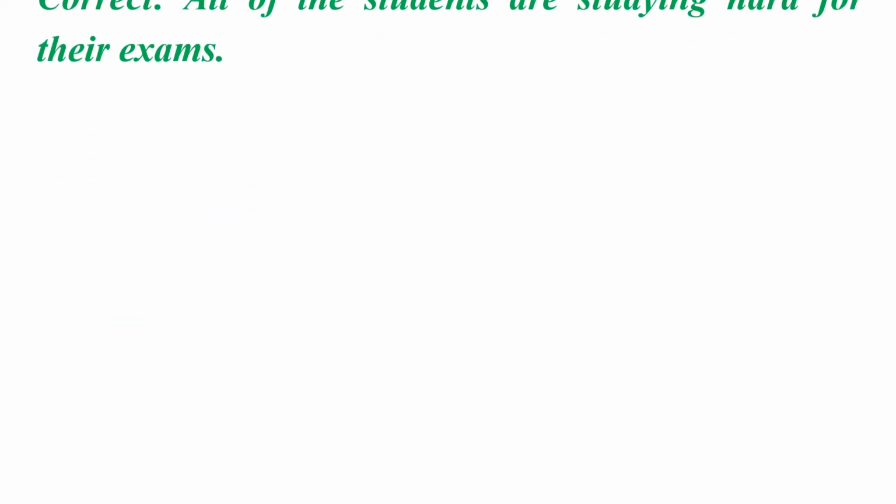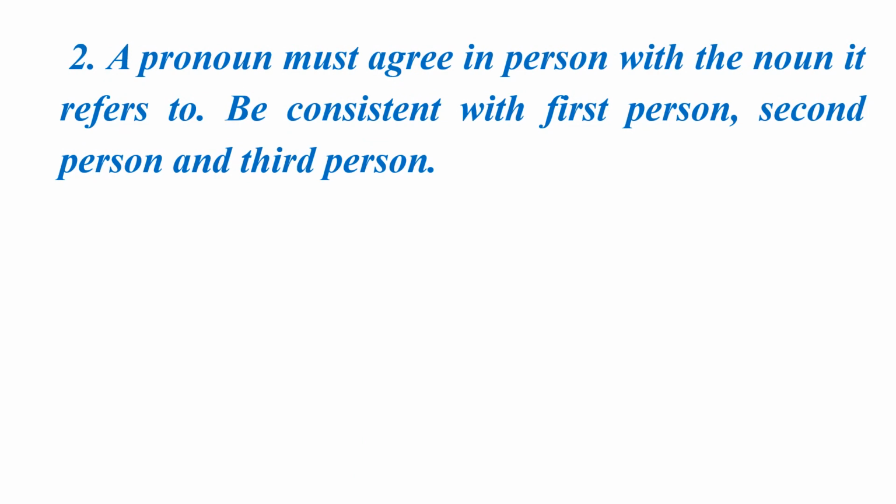Number 2, a pronoun must agree in person with the noun it refers to. That means the person of the noun and the pronoun will be the same. Be consistent with the first person, second person and third person.